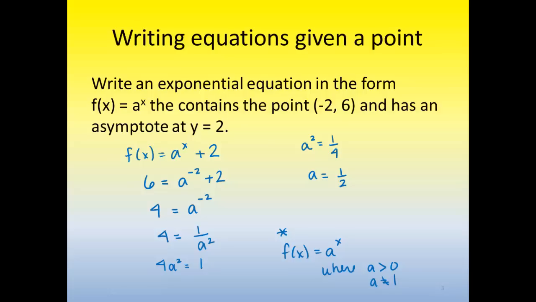So we say that a has to be greater than 0, but it cannot equal 1. So if I know that my base is 1/2, I'm going to write this as f of x equals (1/2)^x. I have to use parentheses because I want to make sure I'm including both the numerator and the denominator with the exponent of x. And I don't want to forget that we had this horizontal asymptote at y equals 2. So this is my final answer for that function.